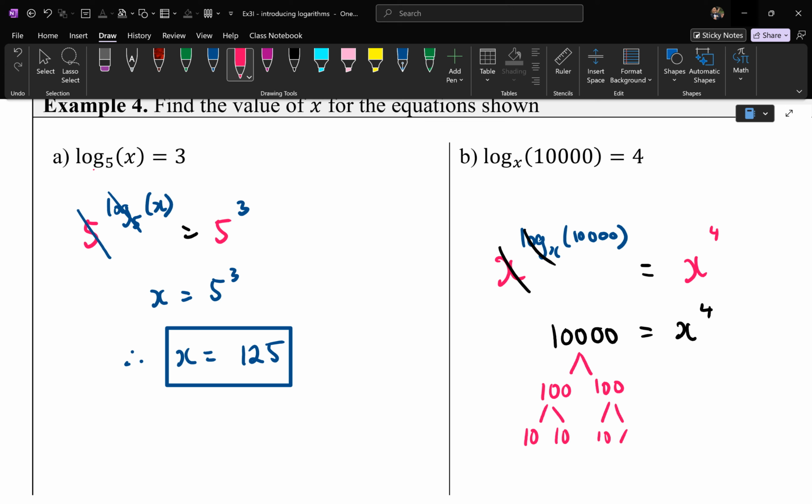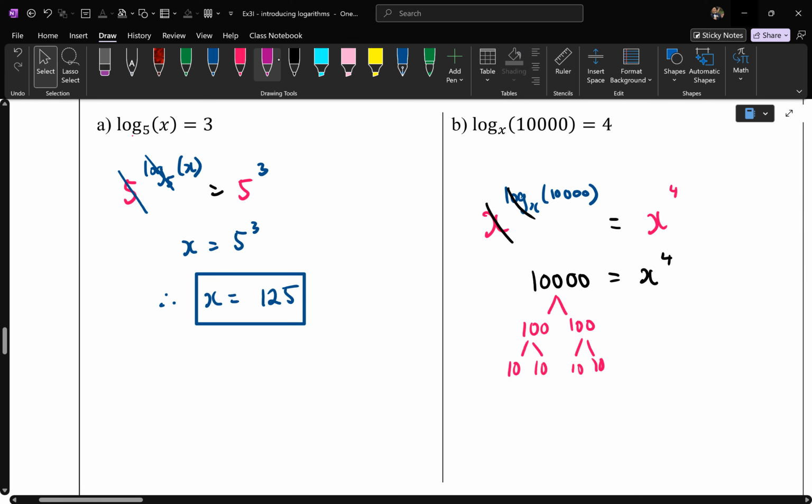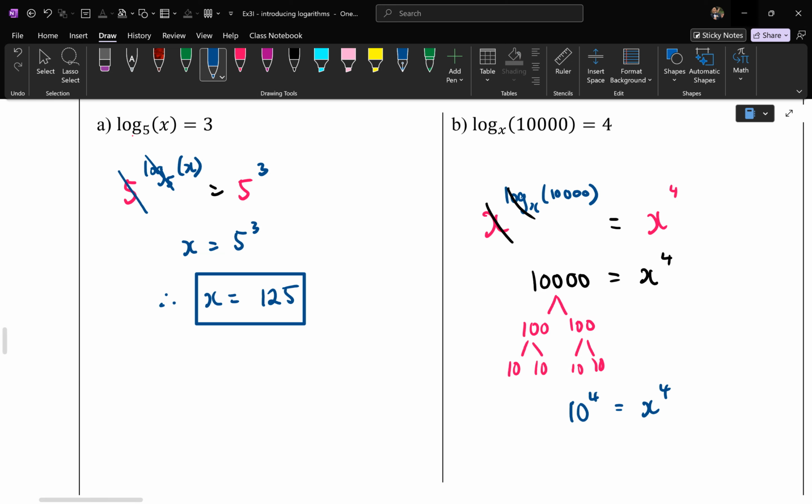So you can see 10,000 is equivalent to writing 10 to the power of 4 is equal to x to the power of 4. By comparison, x must be 10. Okay, so if you then change that to an exponent, break it down just like what you've done so far, that's how you do that question. Or you could have trial and error.